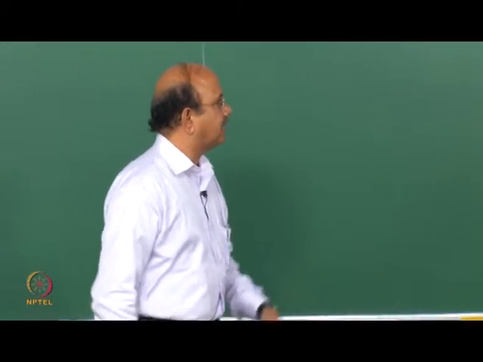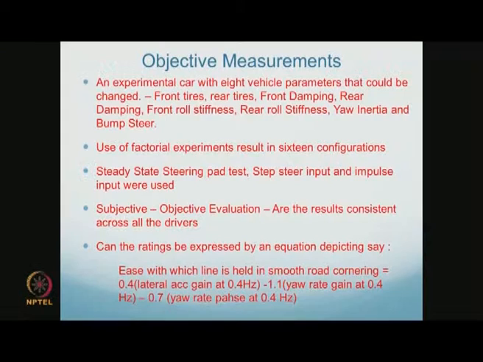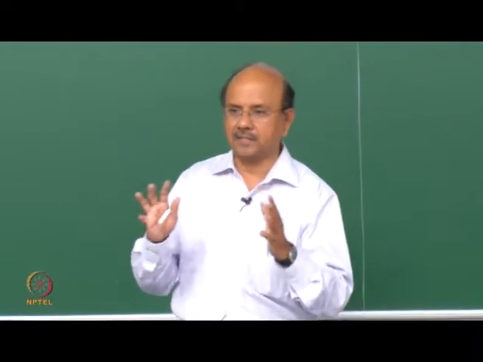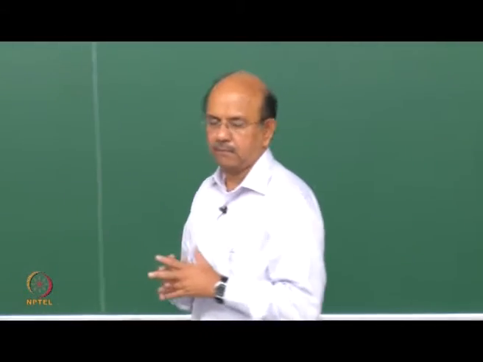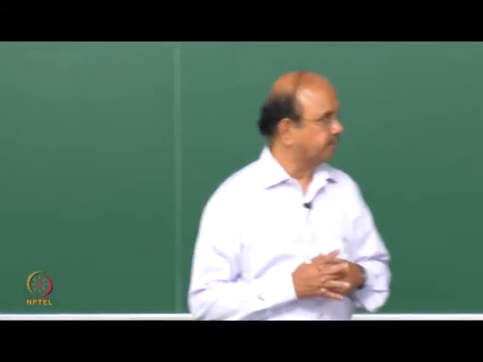We also said that the experimental car which Dr. Chen and Ash used at Leeds University had 8 vehicle parameters. These 8 vehicle parameters were changed and 16 configurations were arrived at, or 16 different cars were tested.